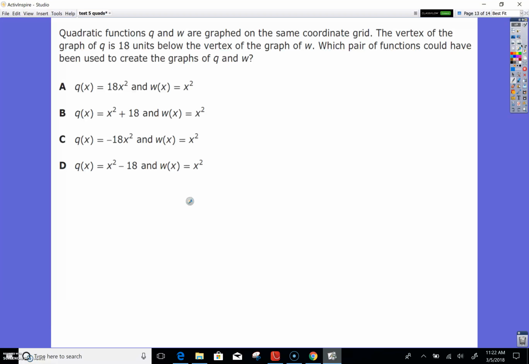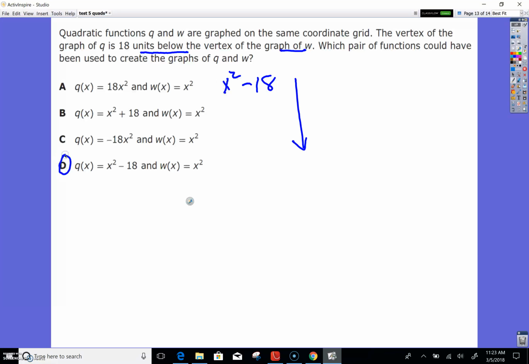Okay, quadratic functions q and w are graphed on the same coordinate grid. The vertex of q is 18 units below w, okay? So remember, you have to subtract 18 to move it down, okay? So minus 18. So we're looking for one that has minus 18, okay? After the x squared, okay?